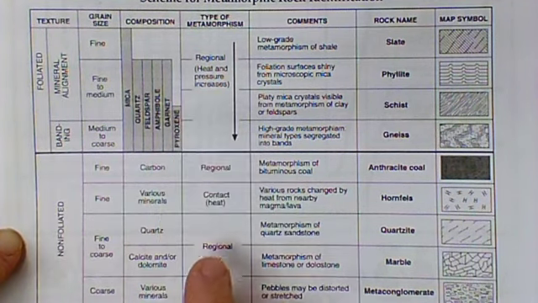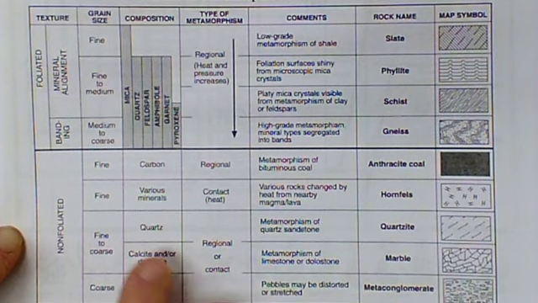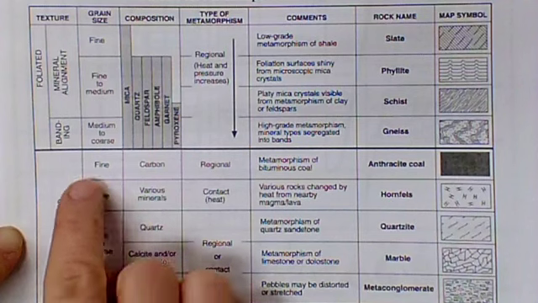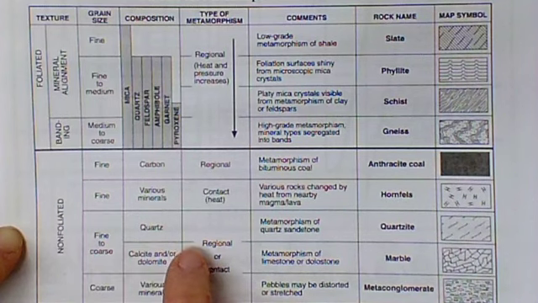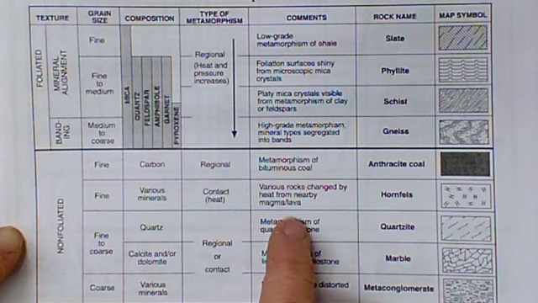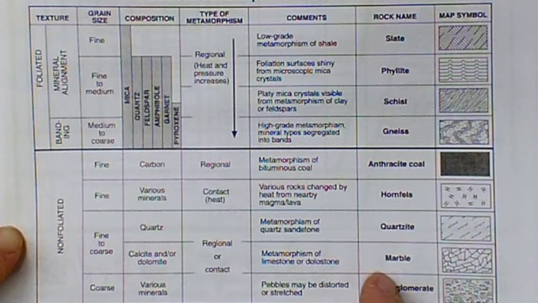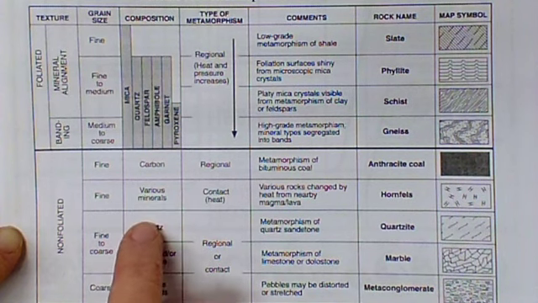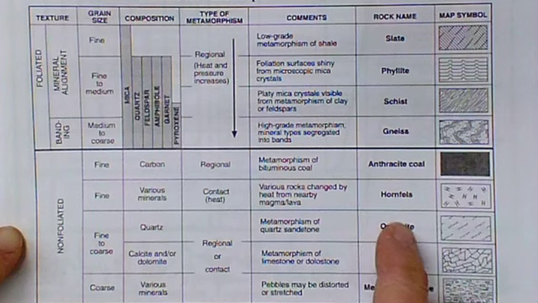Heat and pressure both increase. We can also go down here, and here are non-foliated. It has the grain size, again the composition, the type of metamorphism, comments, and the rock name, excuse me. And we can see here that this comes from quartz, so it's quartzite.